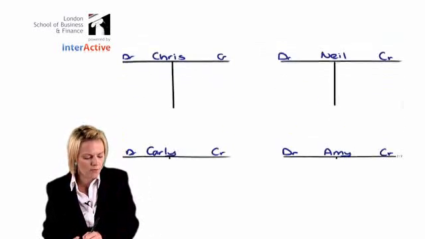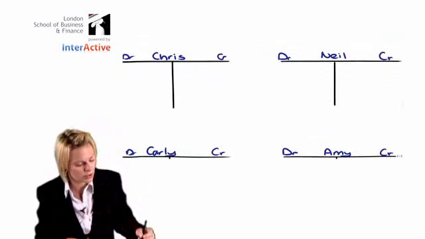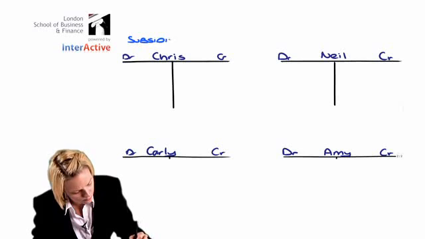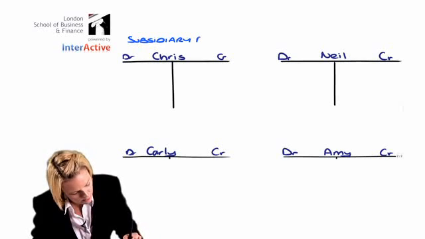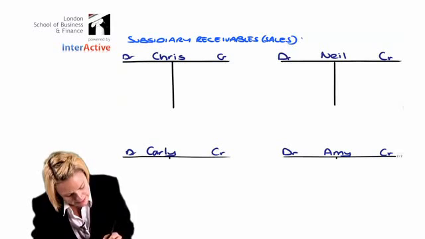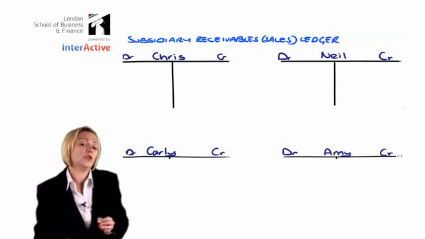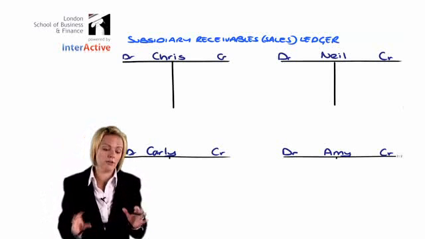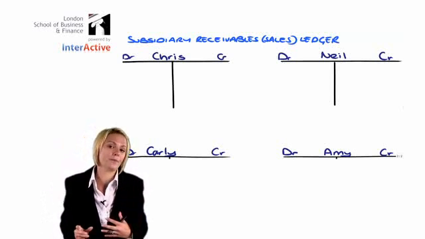And then can you also see that you've got 4 mini accounts, which is going to be the subsidiary receivables, or sometimes known as sales ledger. And can you see then that you've got 4 little accounts for each individual customer, Chris, Neil, Carly and Amy.